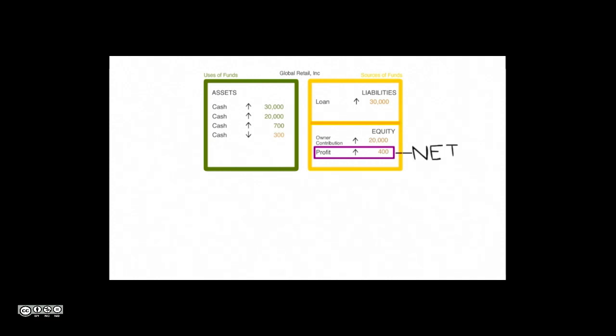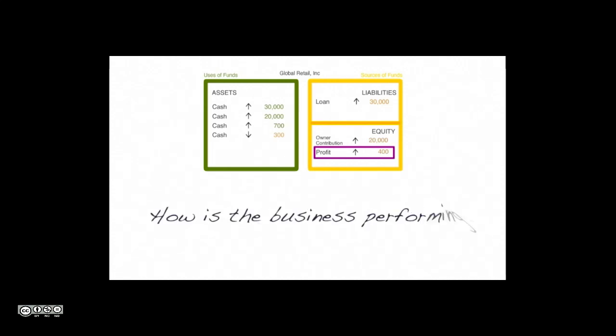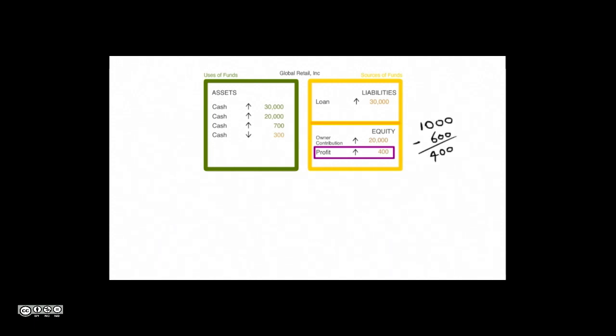By netting off the $300 from the $700 to show the net $400, we've lost some useful information about how we performed along the way. For example, the business could have earned the $400 by making sales of 1,000 with expenses of 600, or by making sales of 401 with just $1 of expenses, or any other number of combinations that net to 400.